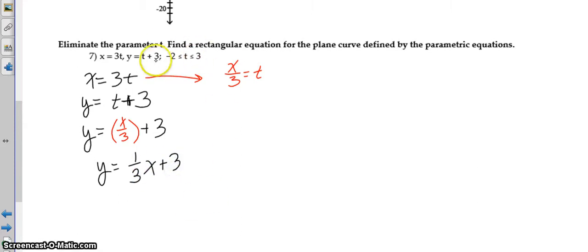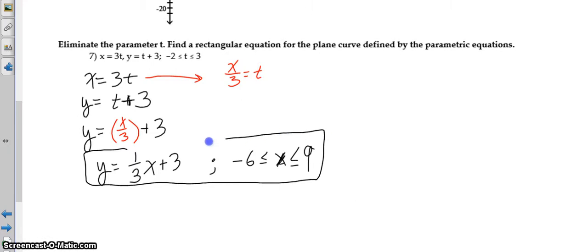Now, restrictions. Well, what about x? If t goes from -2 to 3, what does x go from? So when t is -2, x is... when t is 3, x is... so that's the line, but only that portion of the line.